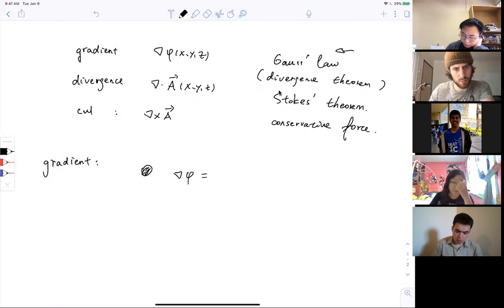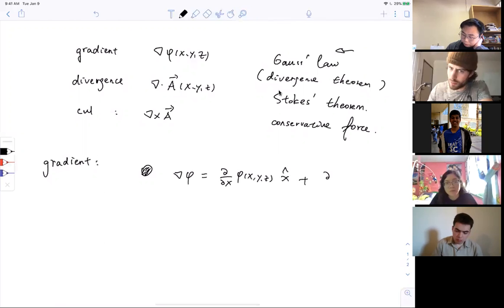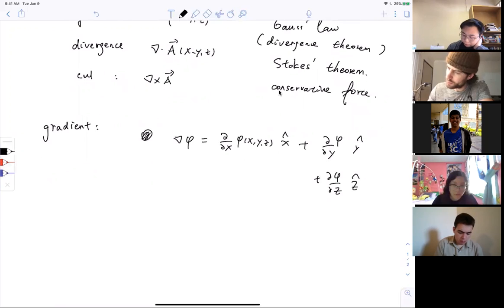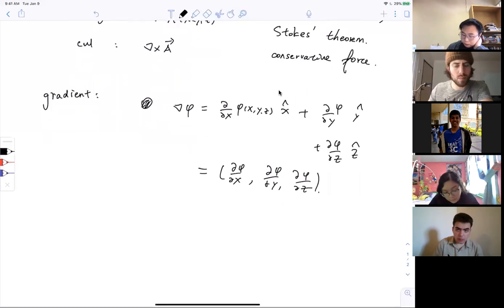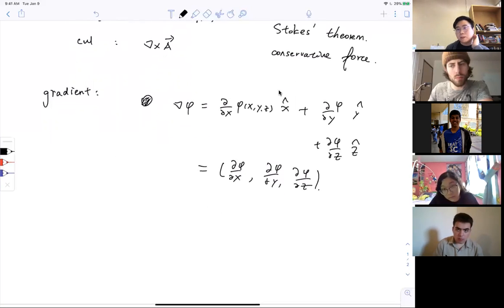It's just given by partial x, partial y, and partial z, with the unit vectors x hat, y hat, and z hat. So it's a vector: partial phi over partial x, partial phi over partial y, and partial phi over partial z.